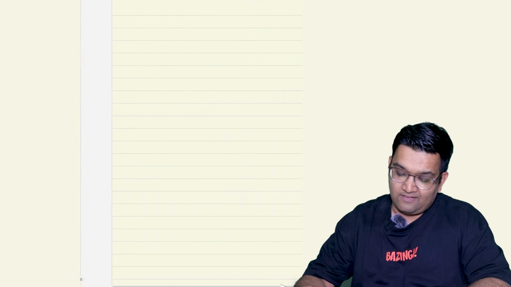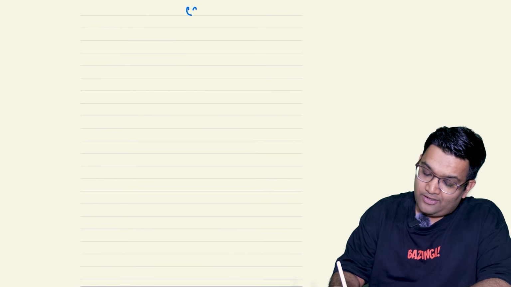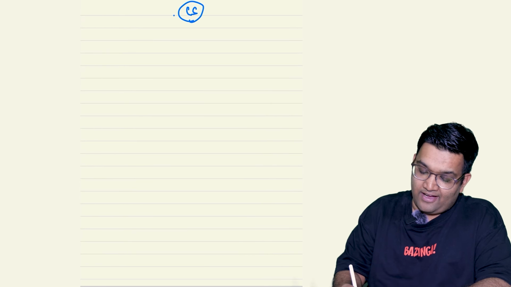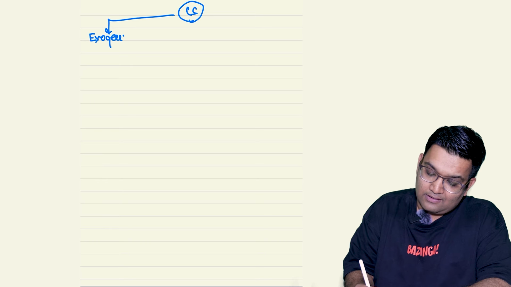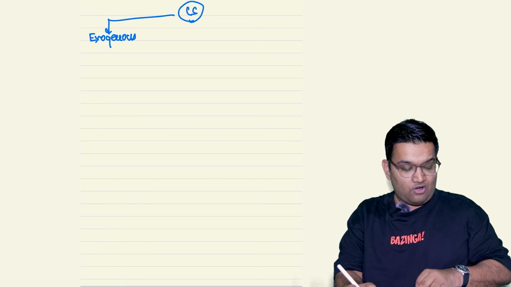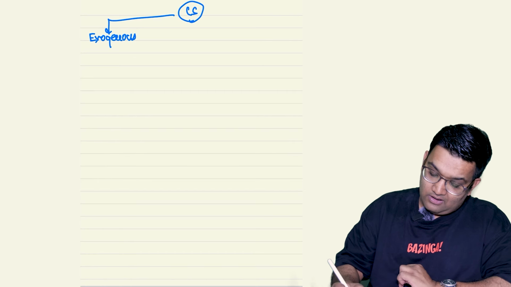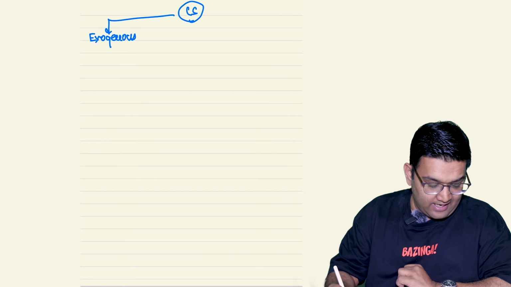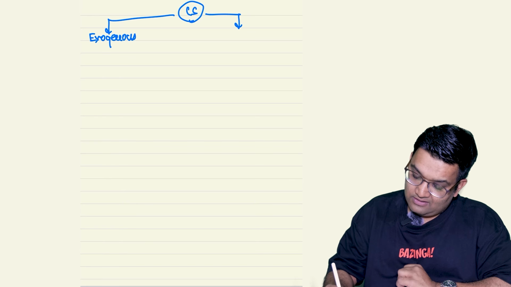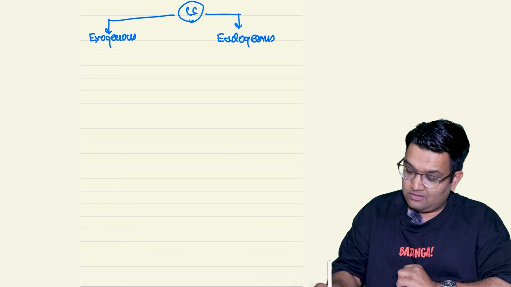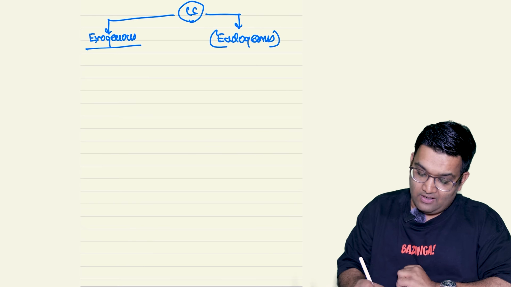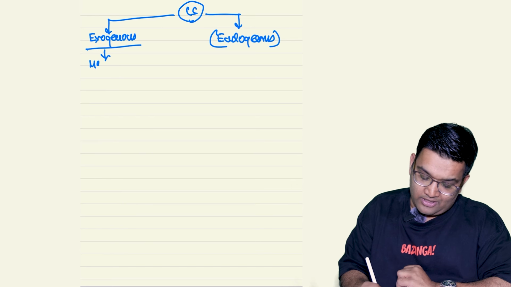So this is our Cushing syndrome. We can just revise it. The most common cause is exogenous. This exogenous cause as well as the endogenous cause. So endogenous cause, among them exogenous is most common.